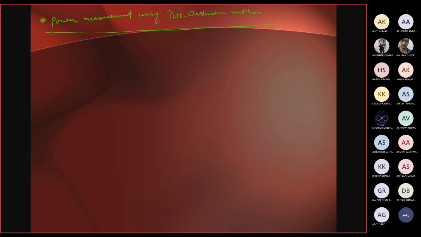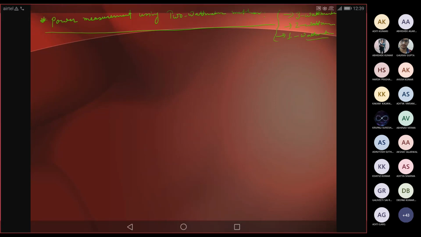Ultimately we have to measure or calculate the total power in a 3-phase circuit. So there may be different possibilities, like suppose using 3 wattmeters also we can measure the power, then 2 wattmeters also we can do that. A single wattmeter can also measure the power of the entire 3-phase circuit.